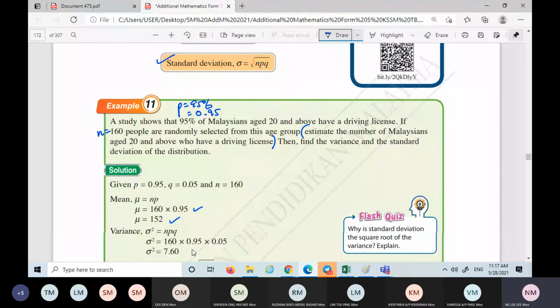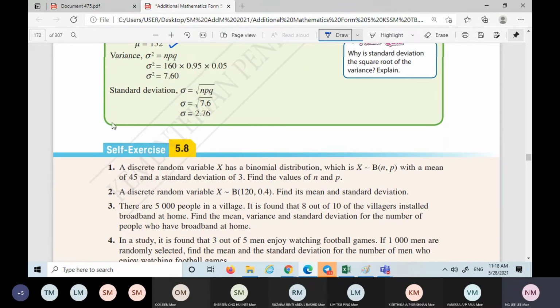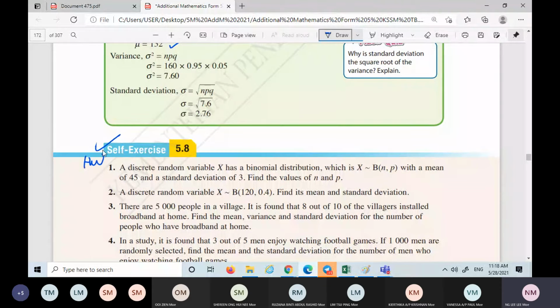Then after that, find the standard deviation. Square root this 7.6, then you get 2.76. So that's simple only. It's just that sometimes you all cannot remember the formula. This one will be today's homework.